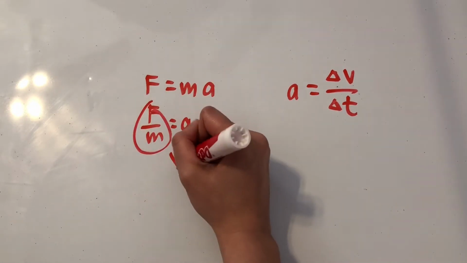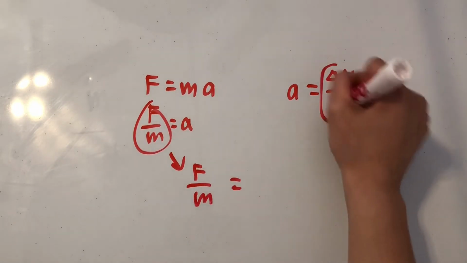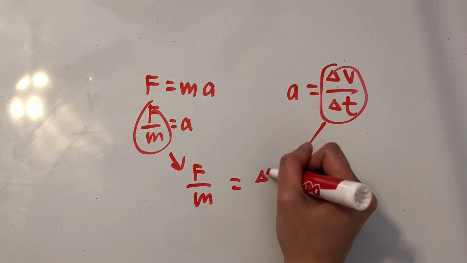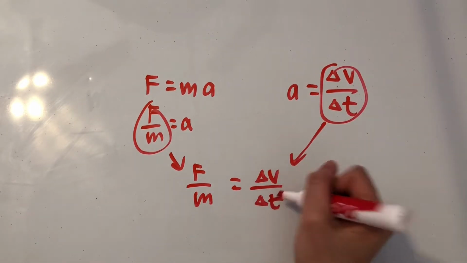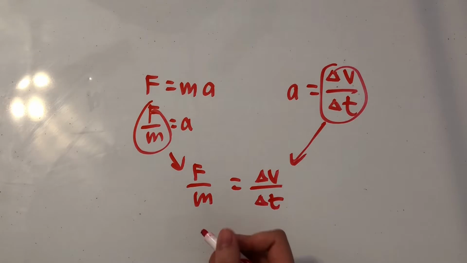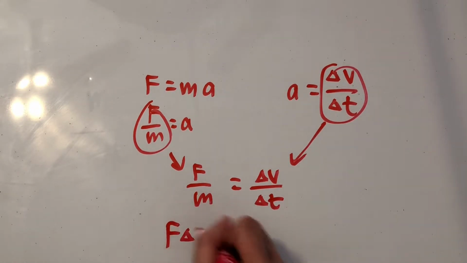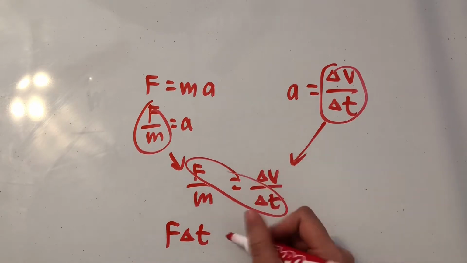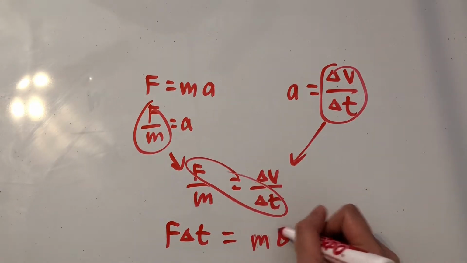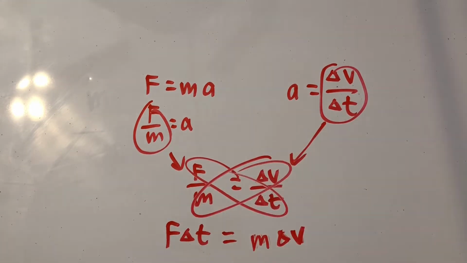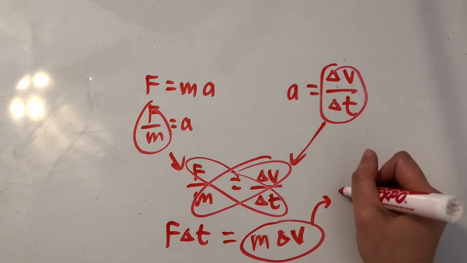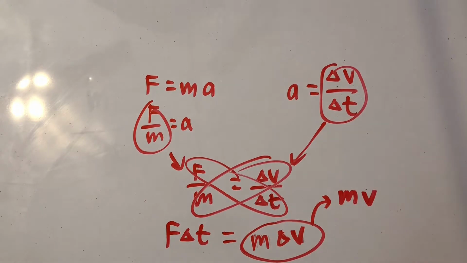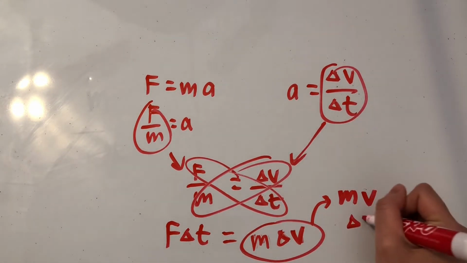And so force over mass is equal to the change in velocity over the change in time. And if we cross multiply both of them, we get force times the change in time is equal to mass times the change in velocity. And look at that, we have mass times the change in velocity, which is basically mv, or the change in momentum.